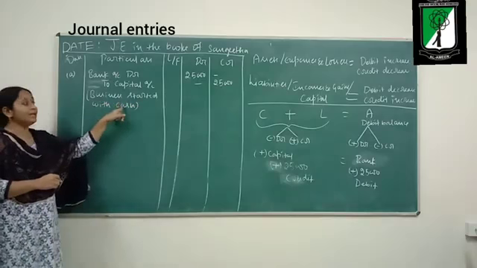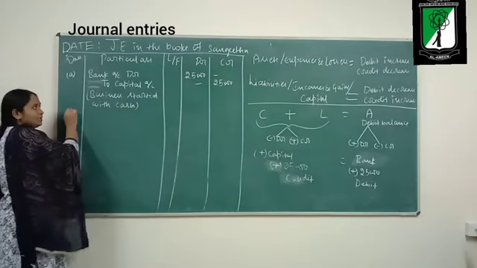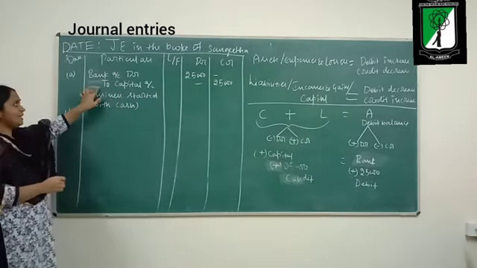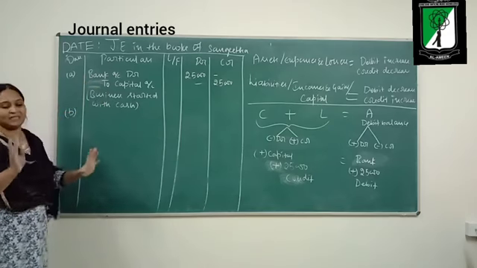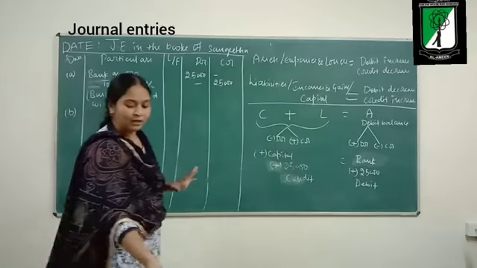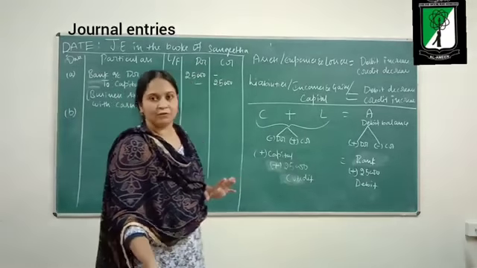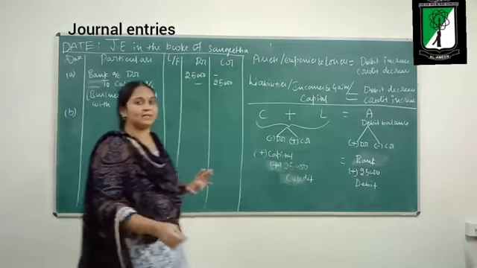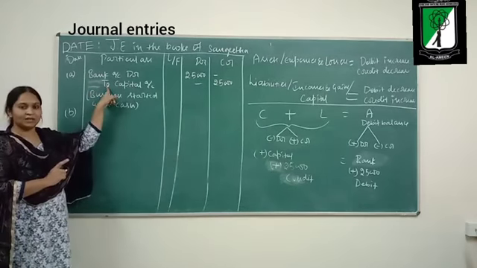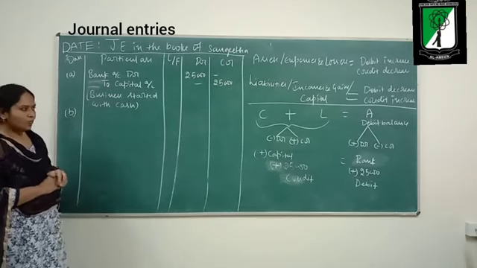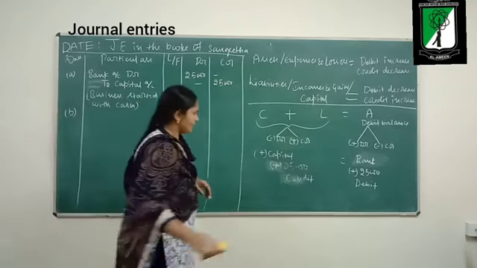Explanation of an entry is known as narration. Always for a credit transaction, you have to start by leaving some space. It is a rule which you have to follow. A credit transaction should always be started with 'To'.